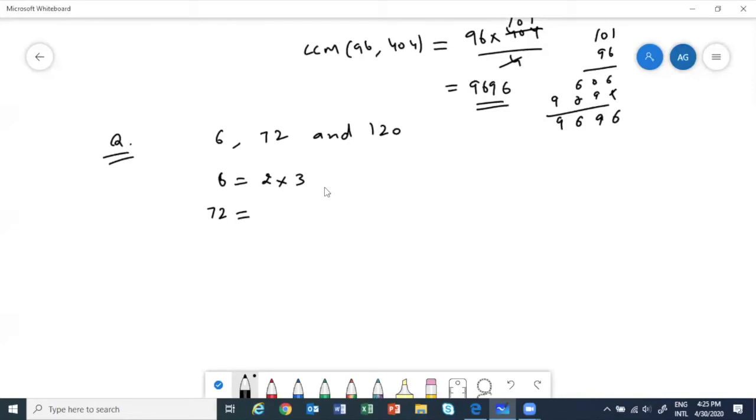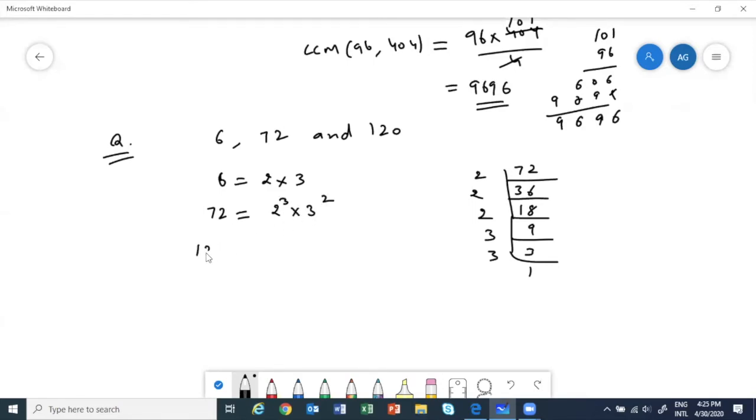Let's do for 72. Do in your rough work you can do. So 2 3 times, 2 6 times, 2 12 8 times, 2 9 times, 3 3 times, and 3 1 times. So how much? 2 cube into 3 square.